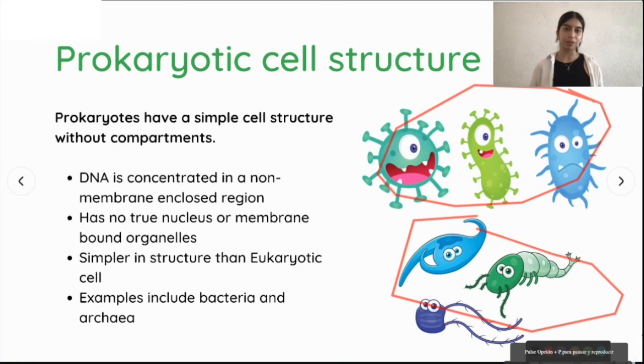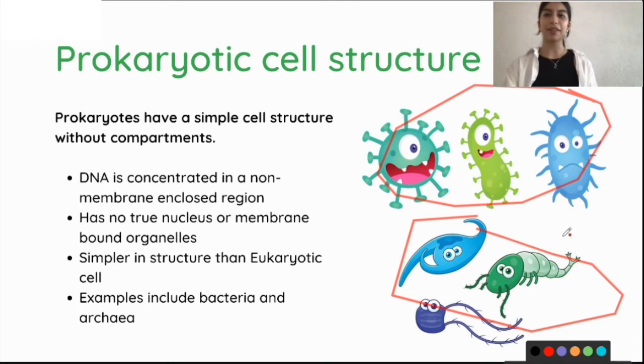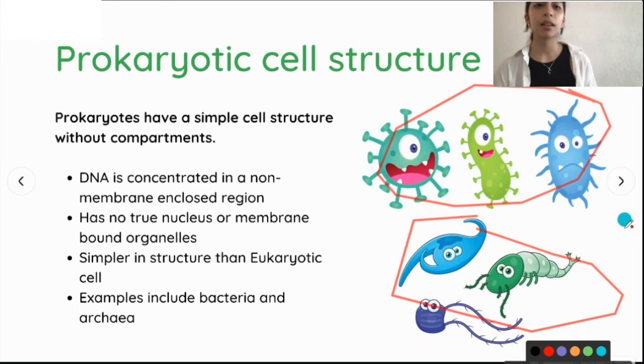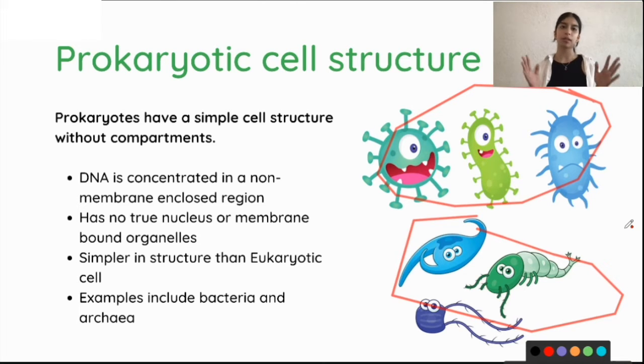Let's start with the first part of today's topic, which is prokaryotic cell structure. Some of the organisms that include the prokaryotic cell structure are the bacteria and the archaea. The bacteria are these guys right here, and the archaea are more like these guys down below. Prokaryotes have a simple cell structure without any compartments.